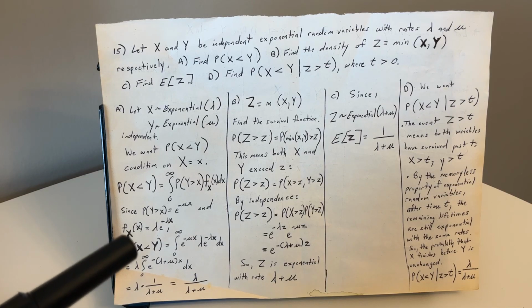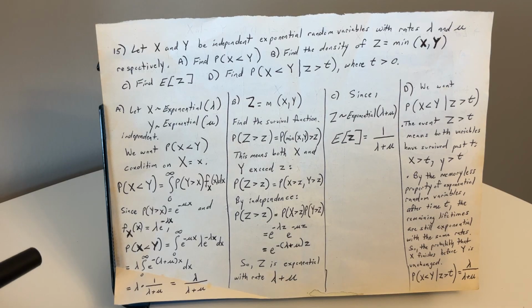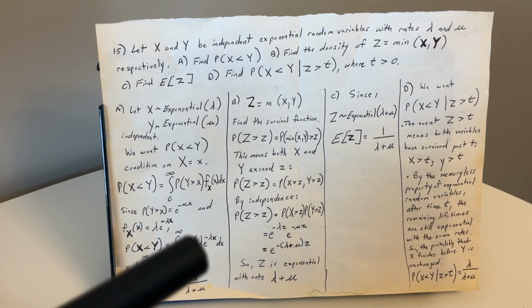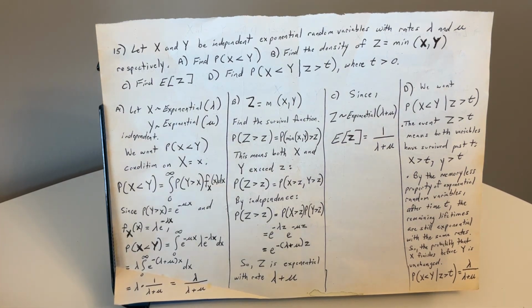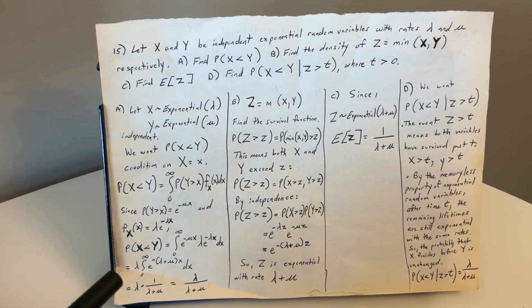So the probability of X less than Y is equal to the integral from 0 to infinity of e to the negative ux times lambda e to the negative lambda x dx. Just doing some computation, taking out the lambda, the integral from 0 to infinity of e to the negative quantity lambda plus u times x dx.